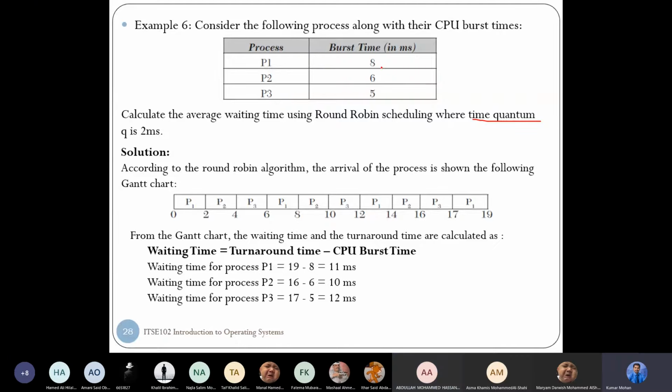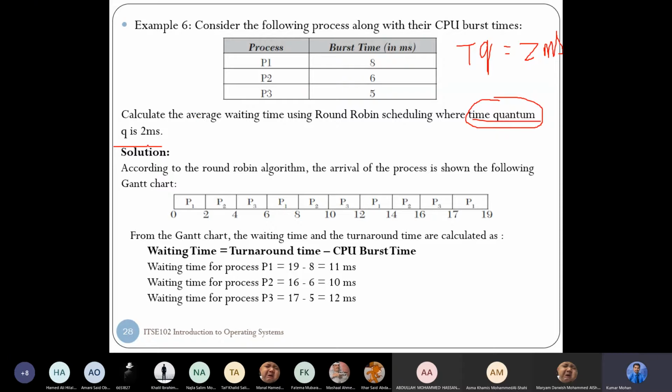The process burst times are 8, 6 and 5. Read the question carefully: calculate the average waiting time using round robin where the time quantum is 2 milliseconds. They will give the time quantum, and it is very, very important.